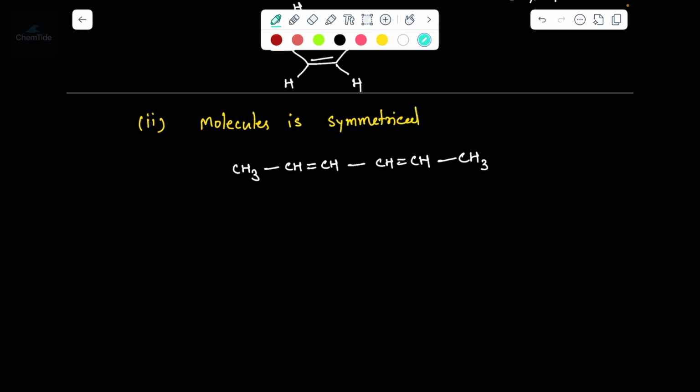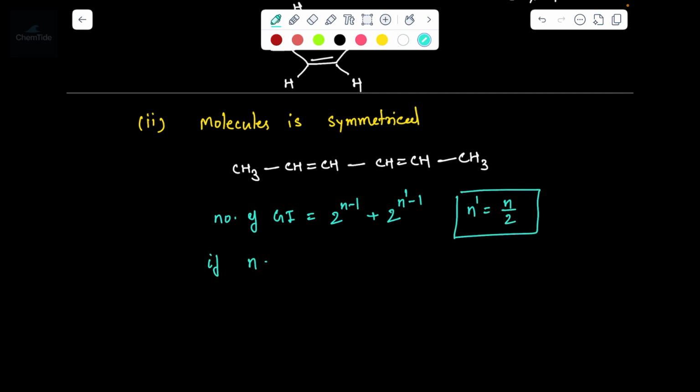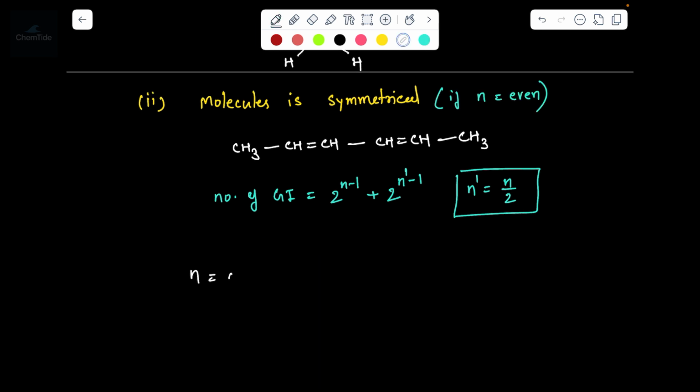In that case, the number of geometrical isomers would be 2 to the power n minus 1 plus 2 to the power n dash minus 1, where n dash is equal to n by 2 if n is an even number of double bonds. This case is possible if n is even. Next, if n is an odd number of double bonds, in that case n dash would be equal to n plus 1 by 2.